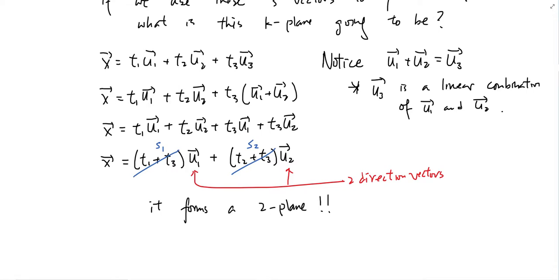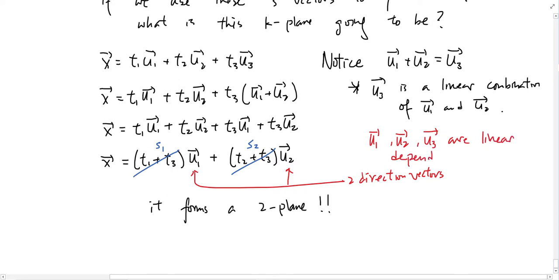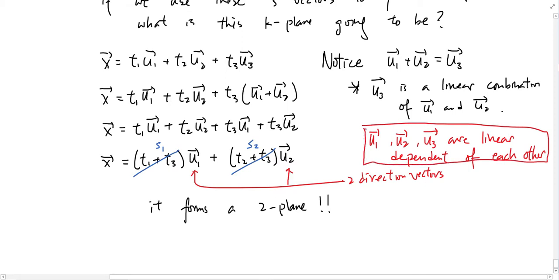In this scenario, because vector u3 is a linear combination of u1 and u2, we can say that vectors u1, u2, and u3 are linearly dependent of each other, because we can form a linear combination of any one of these three using the remaining two. That's called linear dependent, or sometimes not linearly independent, but I like to say linearly dependent.